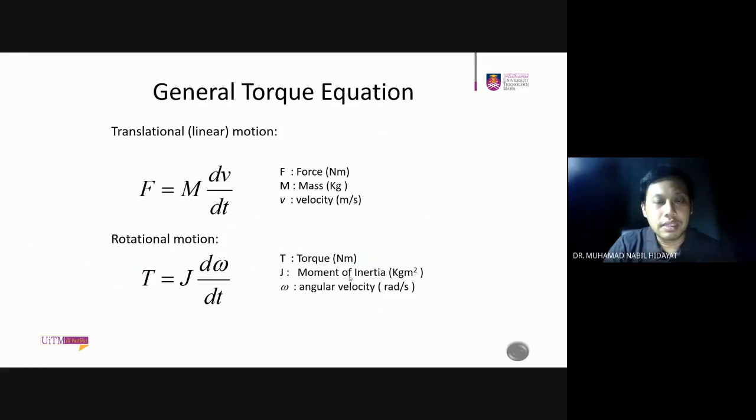That's for linear motion. For rotational motion it's quite the same, but they use the term torque. Torque T equals the moment of inertia J times d over dt, the differentiation of the speed, the angular velocity, over time.